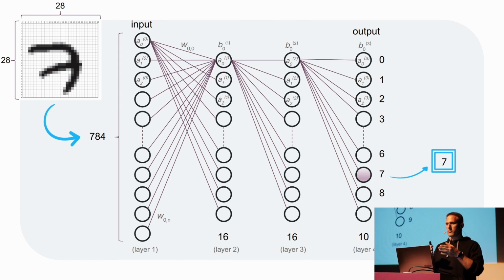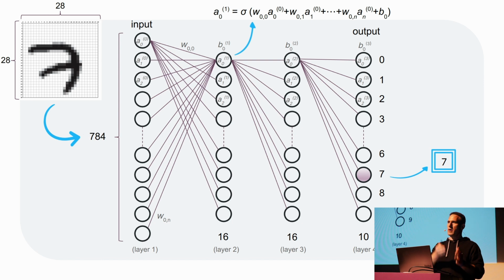And the neuron will perform a small function that computes the weighted sum of the activation values, so the values of the neurons from the previous layer, each multiplied by their corresponding weight, the edge connecting to the next neuron, and then added with the bias of the target neuron, then passed through a small function.